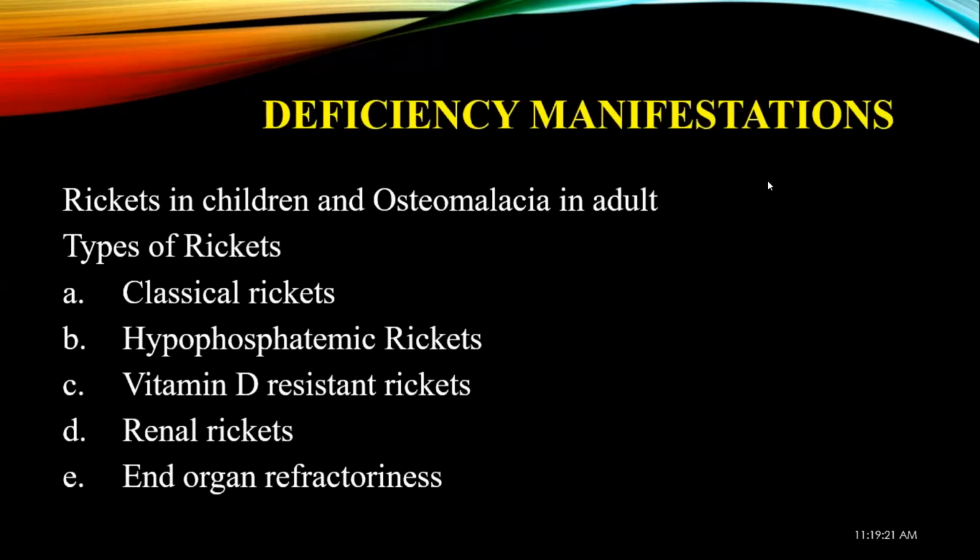Another one is hypophosphatemic rickets, where there is reduced reabsorption of phosphate from the renal tubule, which develops rickets. In this case, along with vitamin D, if we supply phosphate also, it is beneficial.